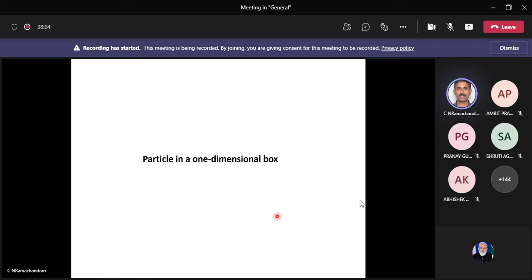Next is a new model. This is a very important model. Up to here, today's first part of the lecture was about how a quantum mechanical system evolves with time. From this topic onwards we are entering into a little bit more physical significance, which we can easily correlate.